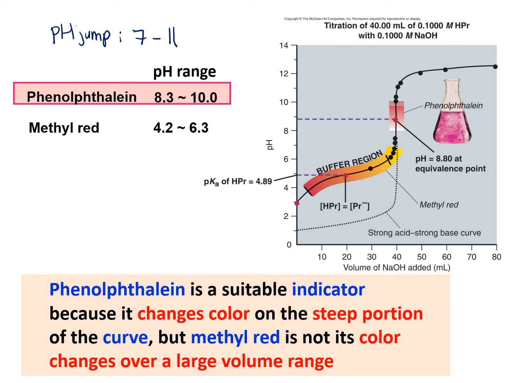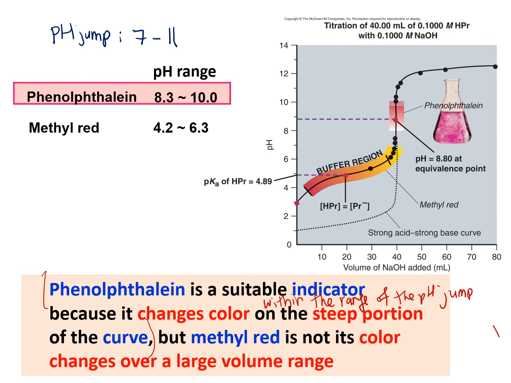Dan reason dia, kalau soalan tanya kenapa that indicator is suitable, jawapan dia awak akan tulis ni je. Contoh macam sini, phenolphthalein is a suitable indicator because it changes colour on the steep portion of the curve. Ataupun awak boleh kata it changes colour within the range of the pH jump.